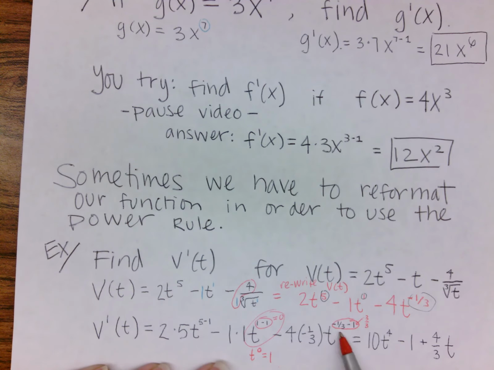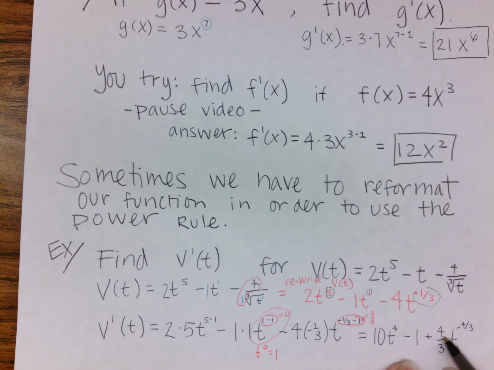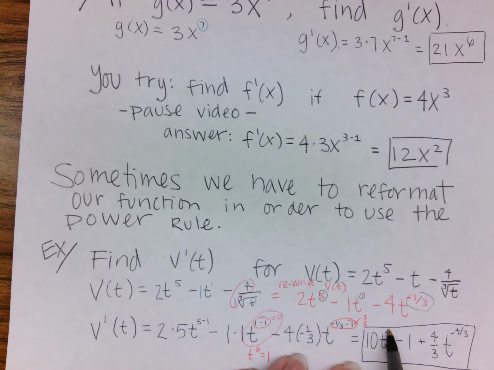So I've got negative 1/3 minus 3/3. That comes out to negative 4/3. It is a coincidence that these numbers are the same. That does not always happen. My final answer for v prime of t is 10t to the 4th minus 1 plus 4/3 t to the negative 4/3.